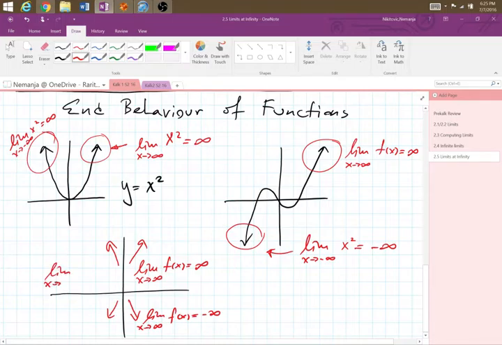Limit as x goes to negative infinity of f of x gives us positive infinity, and finally the limit as x goes to negative infinity of f of x gives us negative infinity, and that is it.